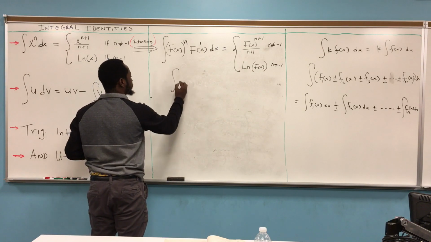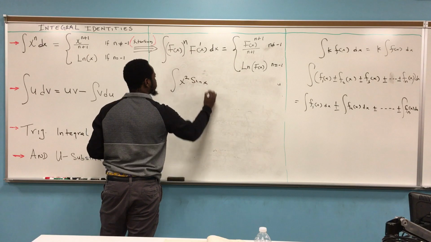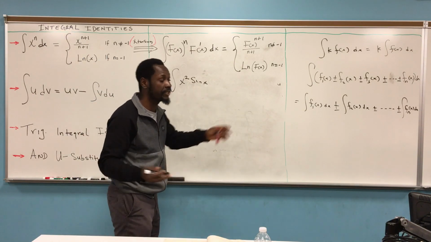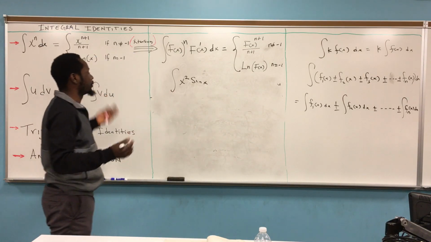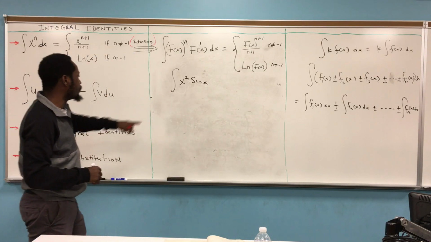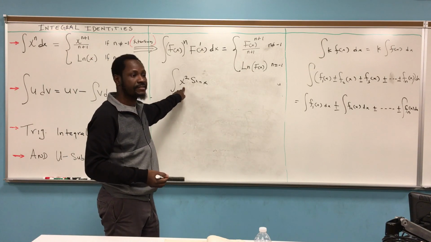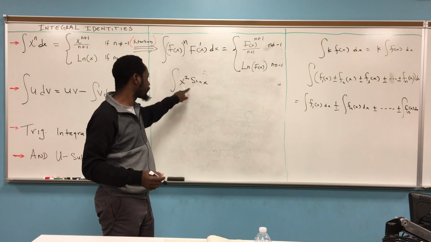So say we have x squared sine x instead. Now they are still not similar, and I don't know what to do here. But I know if I differentiate this, it drops down to 2x. And when it's x, I can differentiate it again.